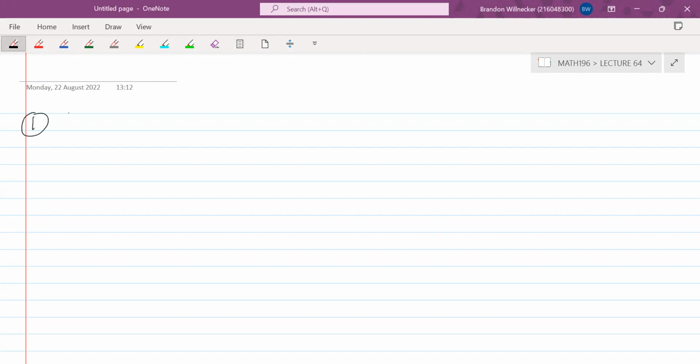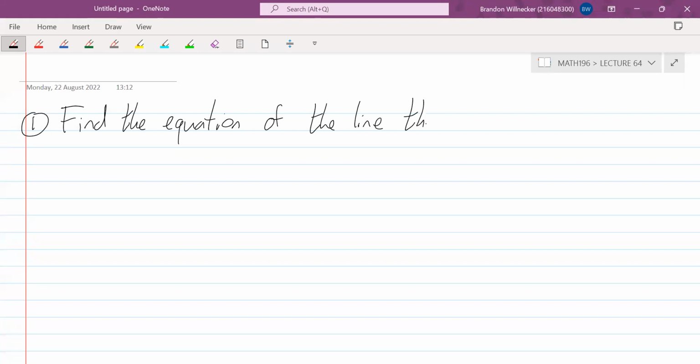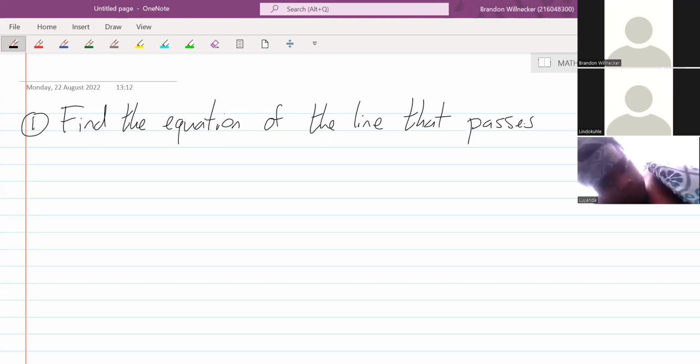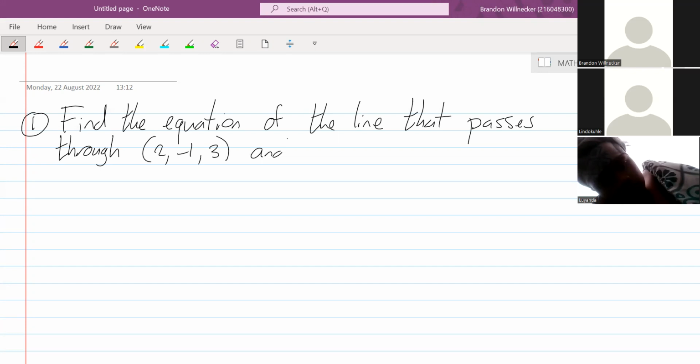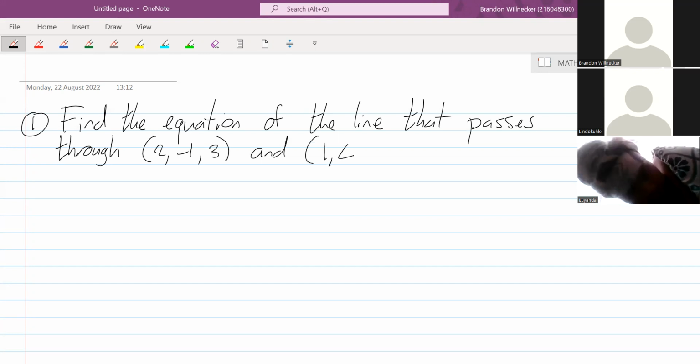Number 1. Find the equation of the line that passes through two points: (2, -1, 3) and another point, (1, 4, -3).